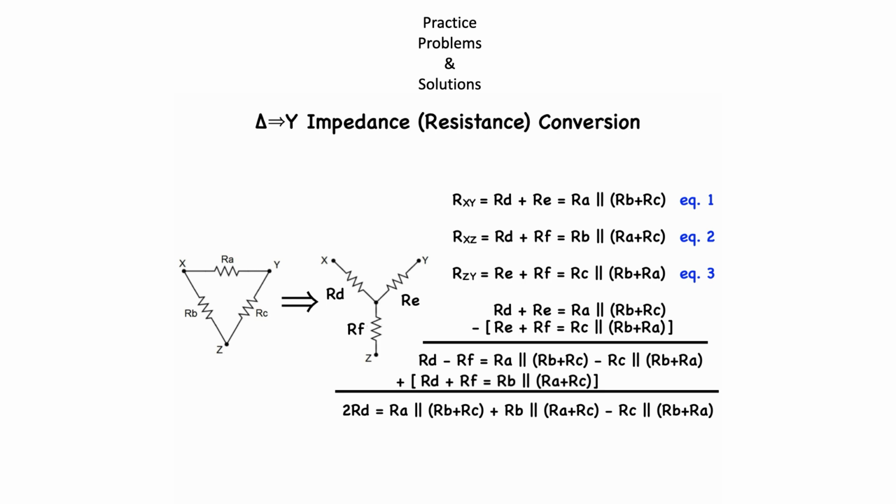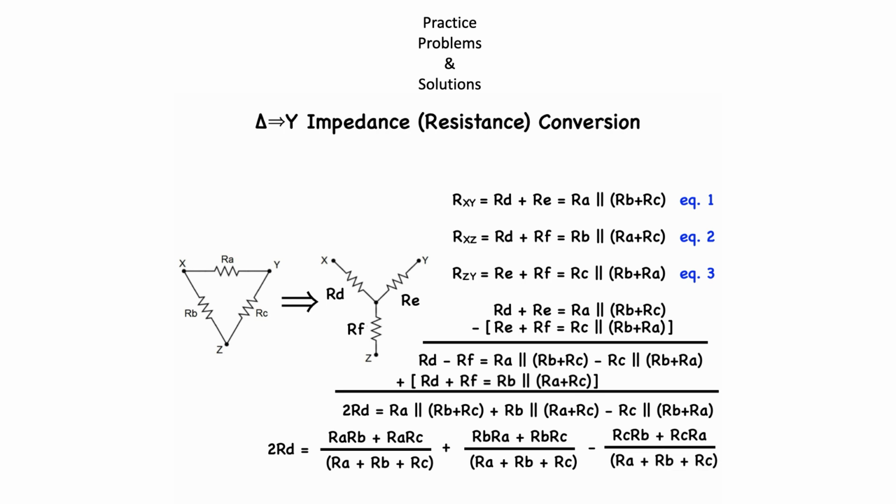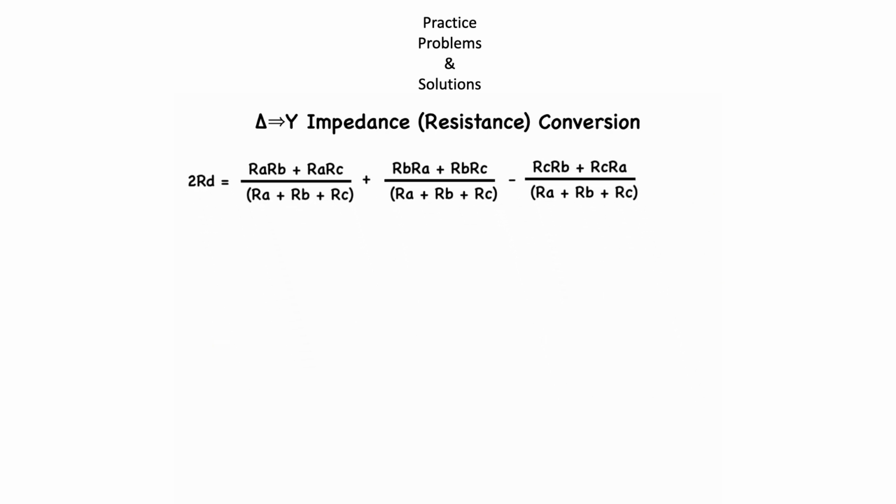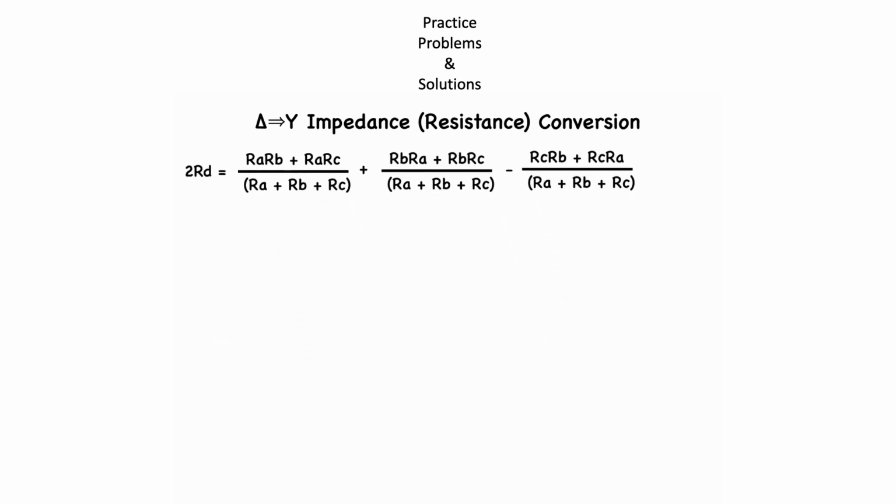Let's expand the three parallel terms on the right-hand side of the equation. That would give us 2RD is equal to the sum of three fractions you see here, all over the same denominator, RA plus RB plus RC. As you can plainly see, we have a common denominator, the quantity RA plus RB plus RC.